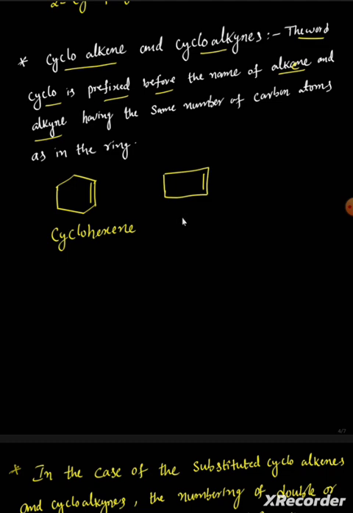Okay, similarly this is butane. Double bond is there, butene, cyclic butene, no? That's why we are calling cyclobutene. Okay, one more example with a triple bond.